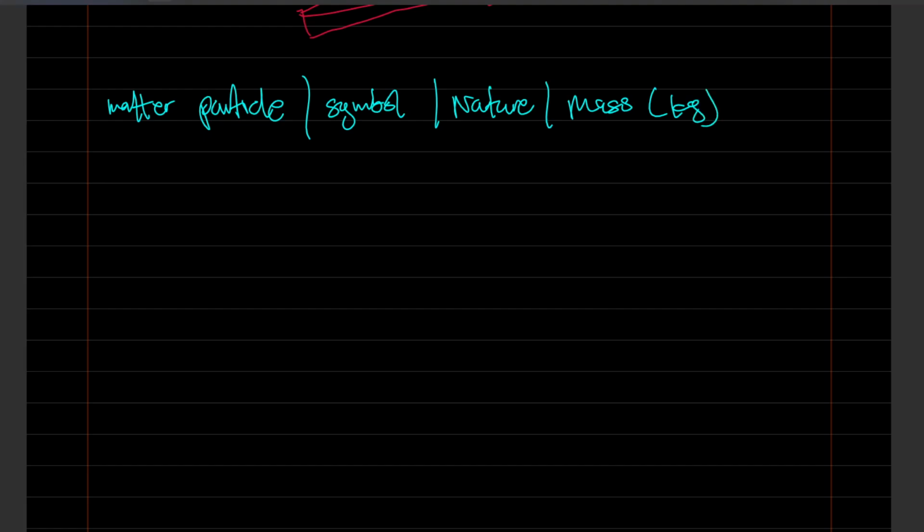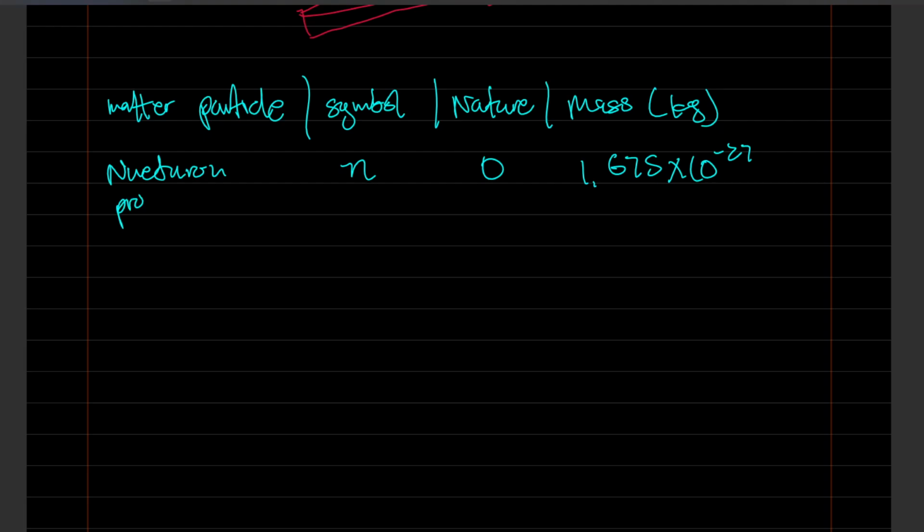So a neutron, how do we label a neutron? We'd label it with an N, and its nature would be 0. And how heavy would it be? Well, it would be 1.675 times 10 to the power of negative 27 kilograms.